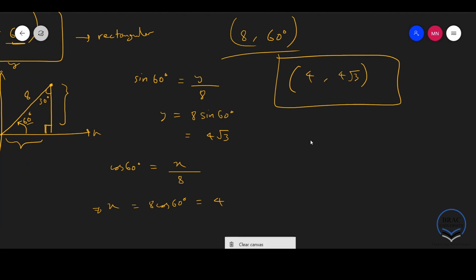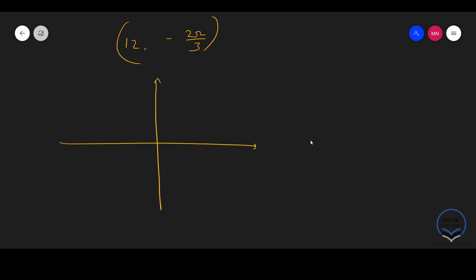So let's consider another polar coordinate. Let's say we have 12, minus 2 pi by 3, right? So once again, considering a Cartesian plane, what is minus 2 pi by 3 equivalent to in degrees? This is equal to minus 120 degrees, right? And since we have a minus sign, we are rotating clockwise.